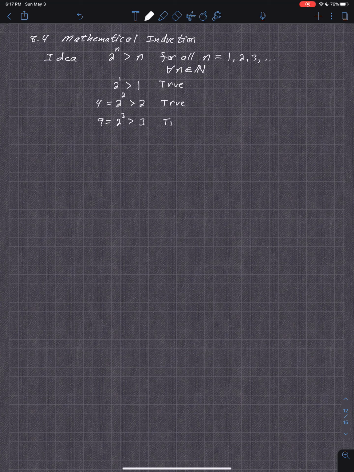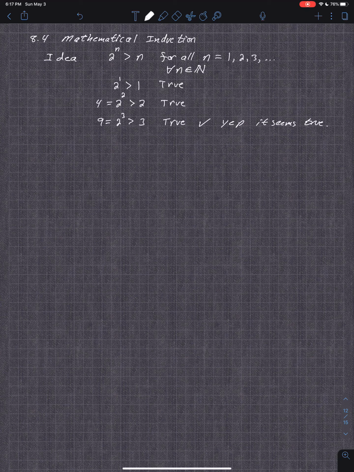So does that, in itself, show it's true for all natural numbers? And of course, your intuition is no. Basically you're thinking, yep, it seems true, but we don't know it's true for all values.